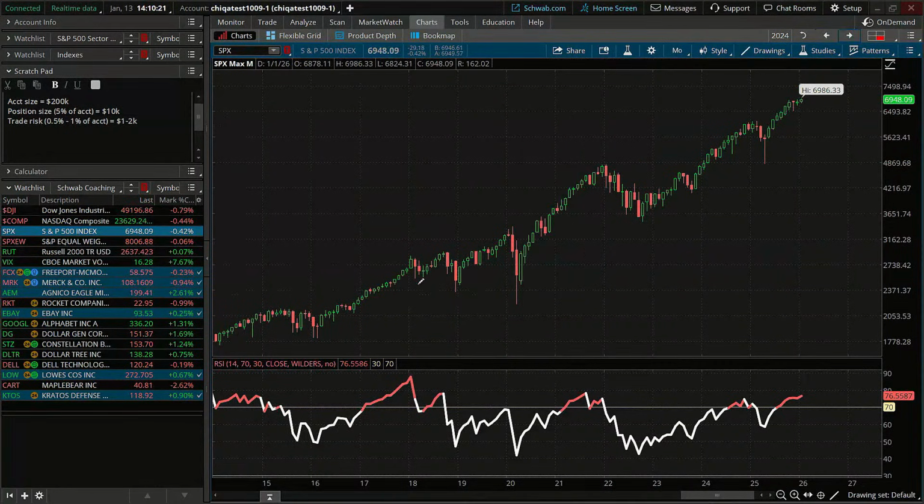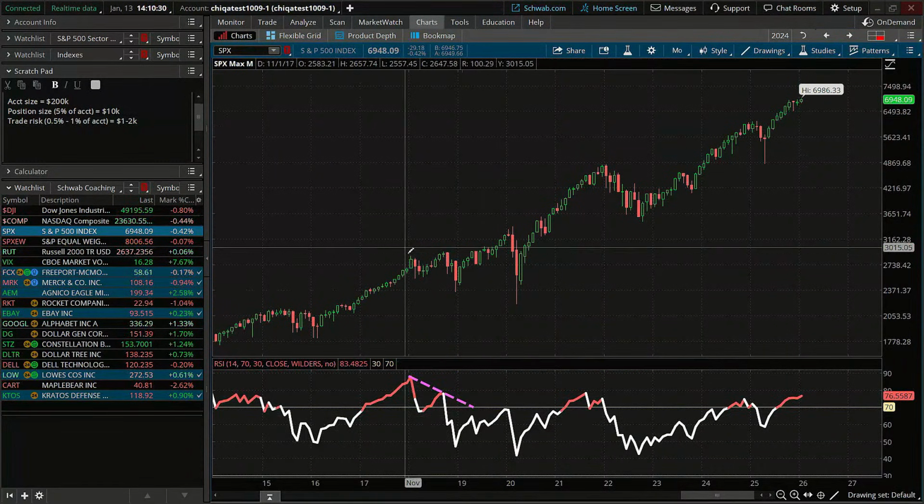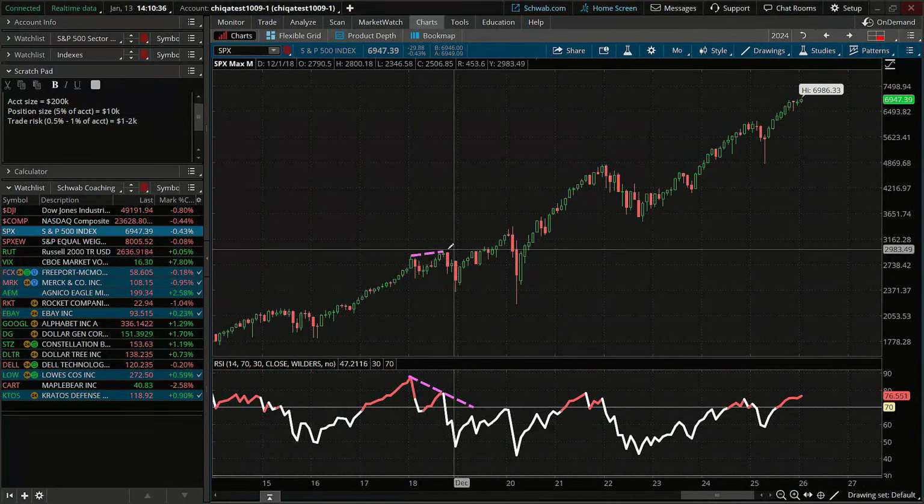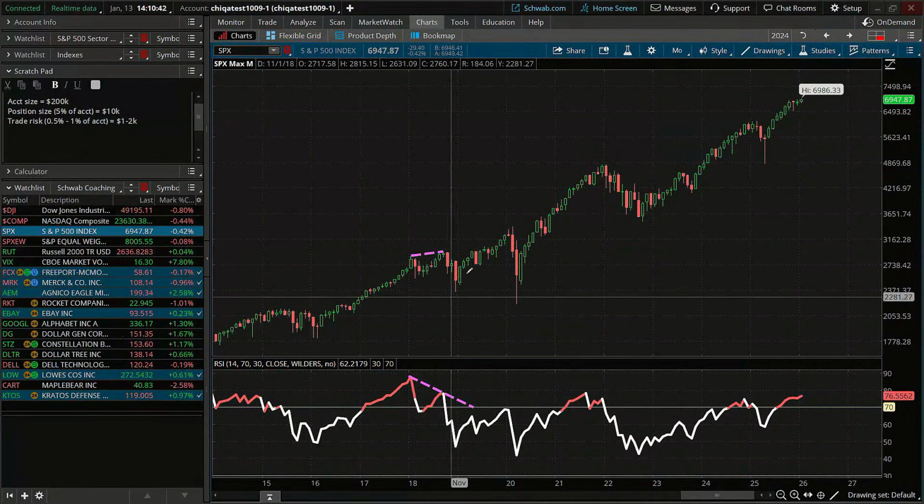If we look at this high that was made here and connect it to the lower highs, we can see that momentum had a little bit of a divergence in this period where we made higher highs and made a lower high. That ended up being a little bit of a signal of a pullback.